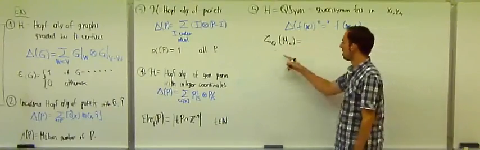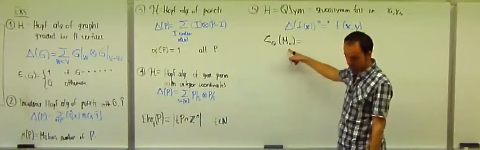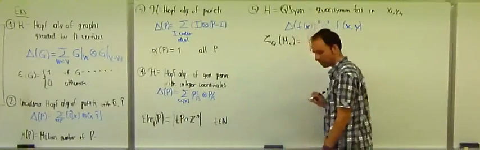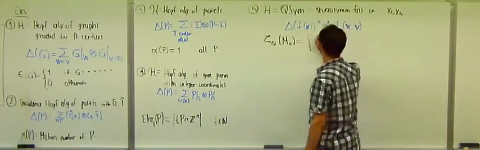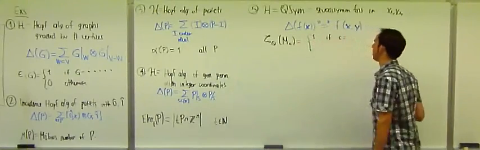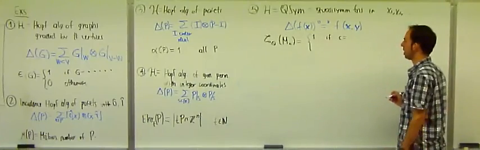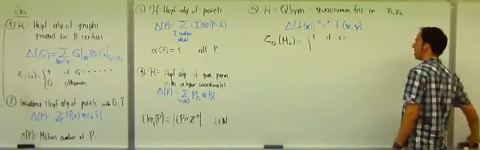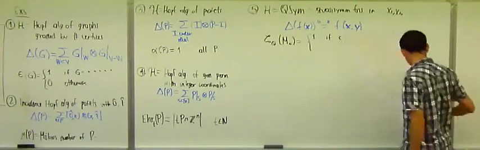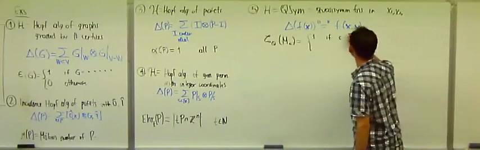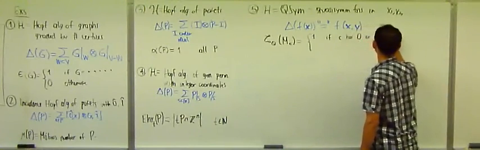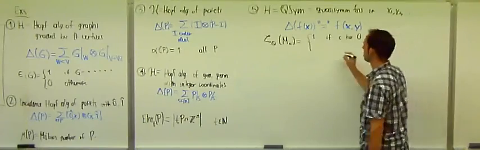Okay, and I need to define this, and I'm going to define it to be 1 if C has 0 or 1 part and 0 otherwise.